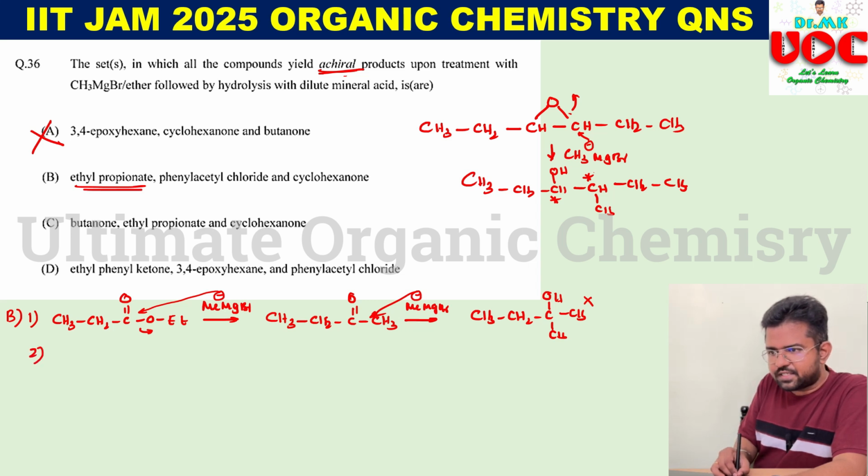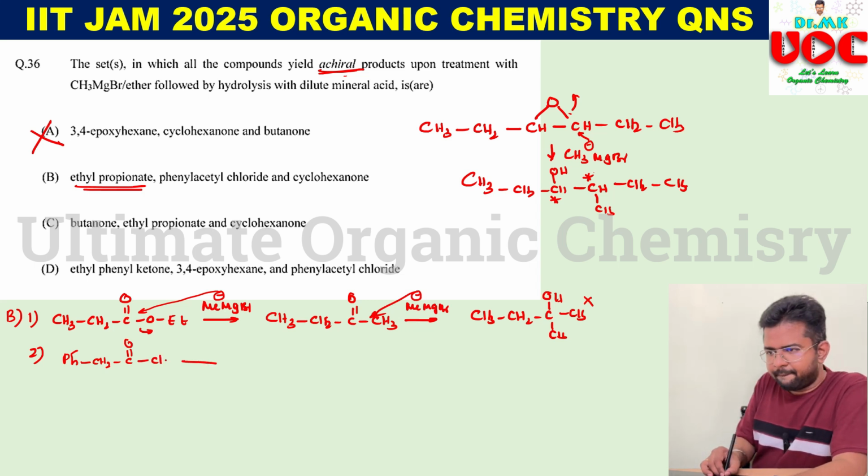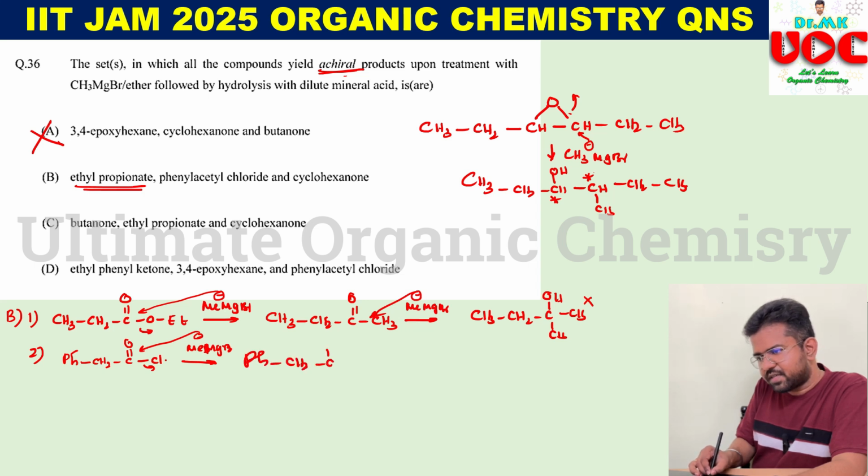And the second one is phenyl acetyl chloride. This molecule is reacting with methyl magnesium bromide. So initially it attacks here, the Cl minus will be leaving, and it leads to the formation of a ketone.